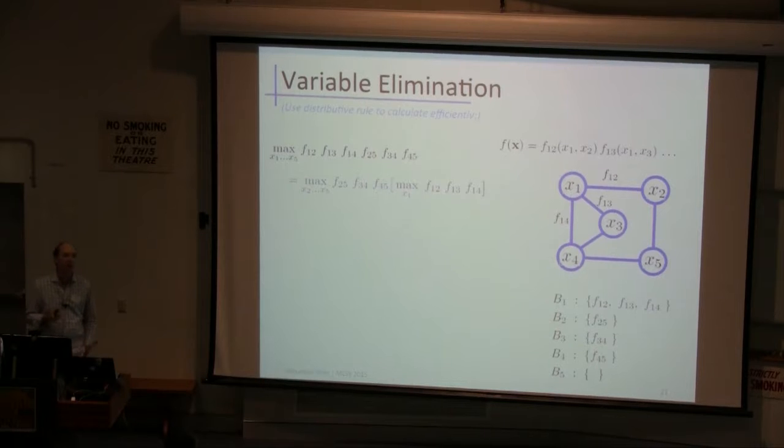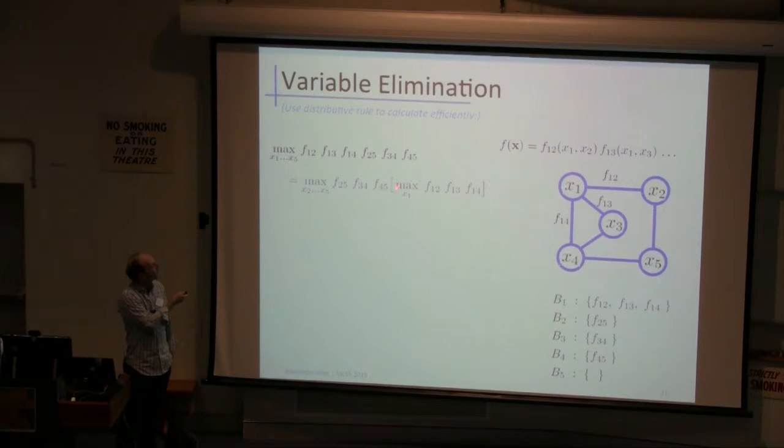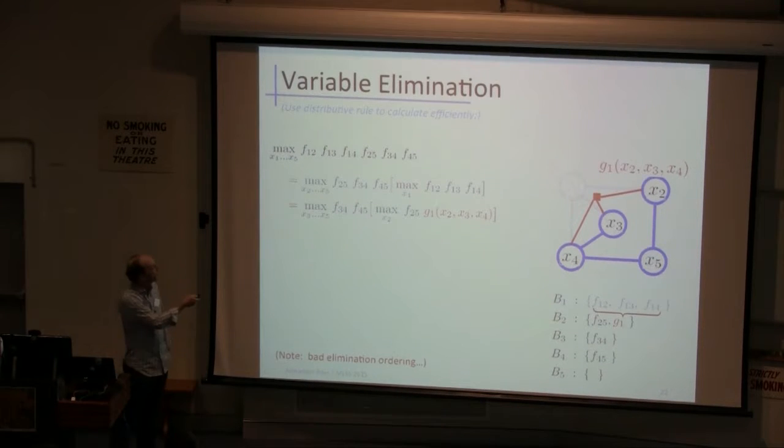Unfortunately, in more general graphs with cycles, this starts to break down. We can still do the same procedure to try to optimize. But now, when we go to eliminate over some variable x1, we collect together all the factors that involve x1. And now, this function will be a new function over all of the neighbors of x1 in our graph.